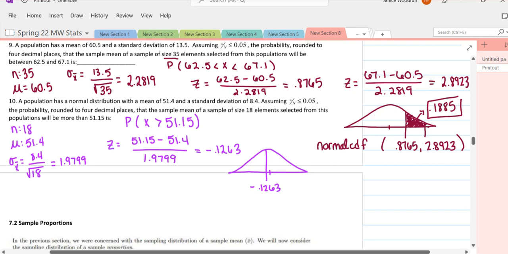We want the probability it's greater than that, so we're going to go to the right. Since it's just going off to the right, our upper limit's going to be 99.